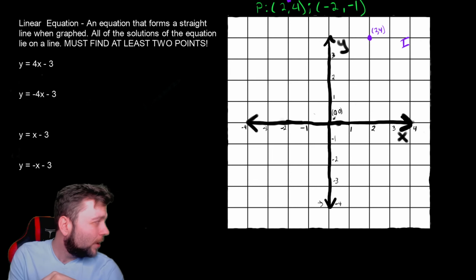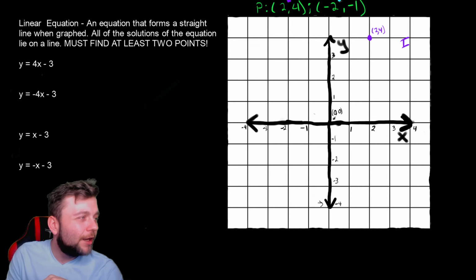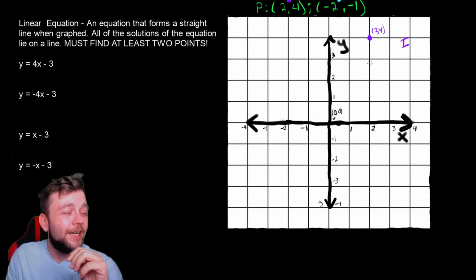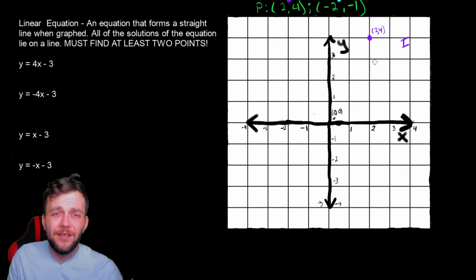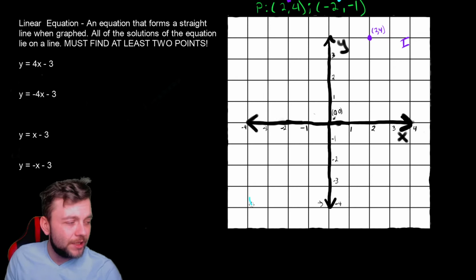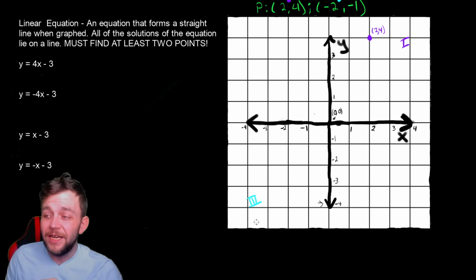Then our second point we will do in this bluish color. So -2, -1. What quadrant would -2, -1 be in? That is quadrant 3. So this is our quadrant 3 down there.